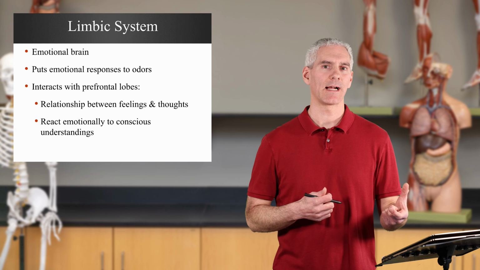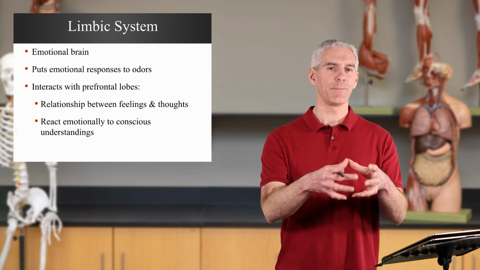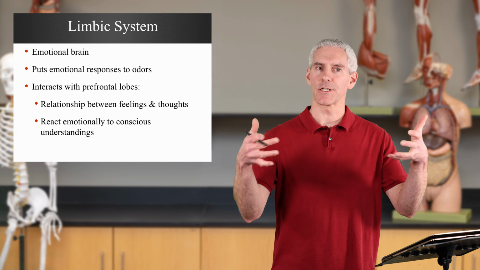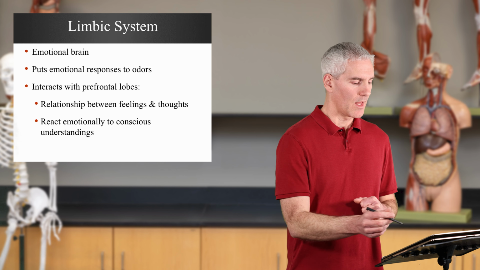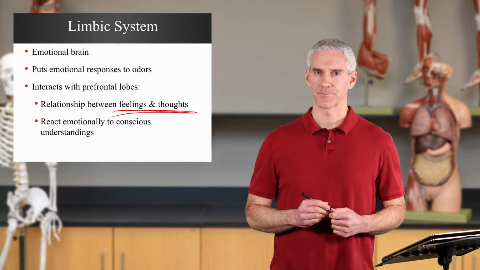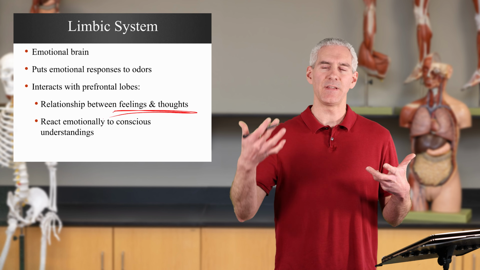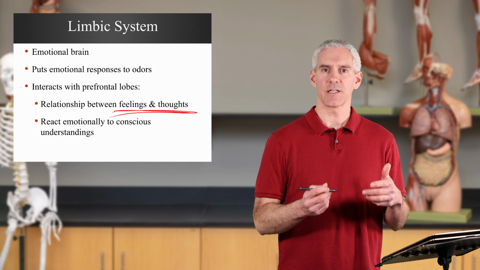And it's helping to interact with the prefrontal lobe. We mentioned this before. So yes, the limbic system is by itself, but it integrates with the prefrontal lobe. It's going to give you a relationship between feelings and thoughts. That's why certain thoughts will elicit a certain feeling in your body, elicit a certain reaction.